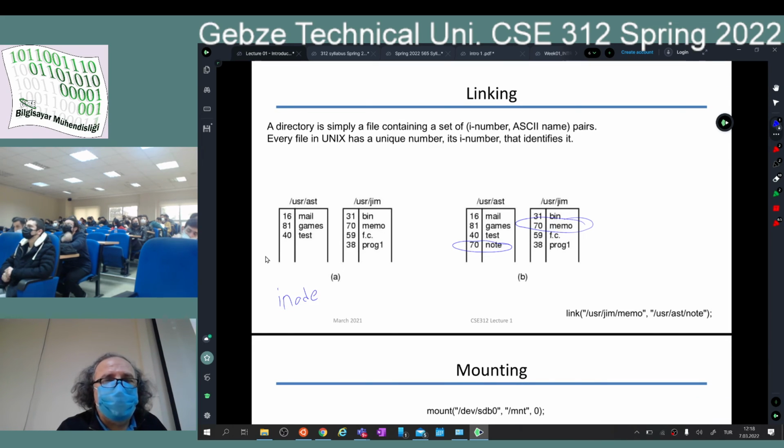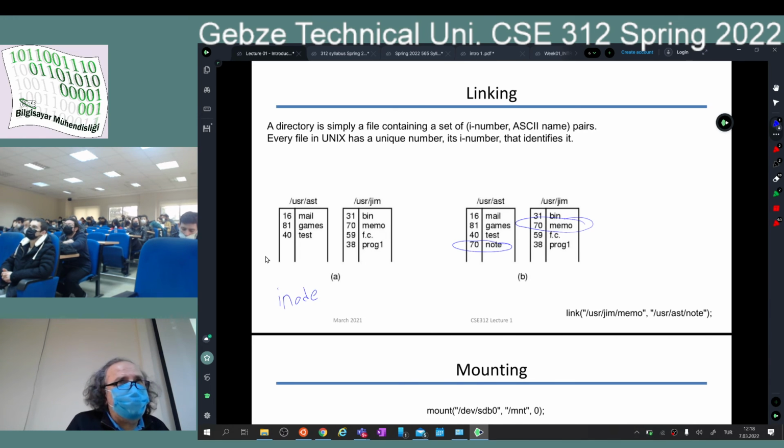When you modify memo, you are going to see the effects of that memo inside this node. So node and memo are linked together. This is a very useful way of sharing data between the directories, and Unix supports this from the first day.